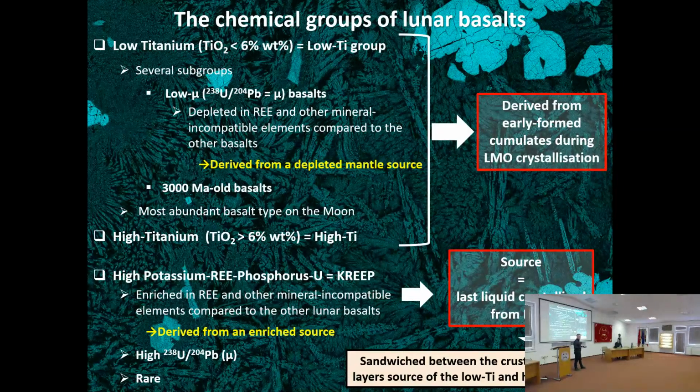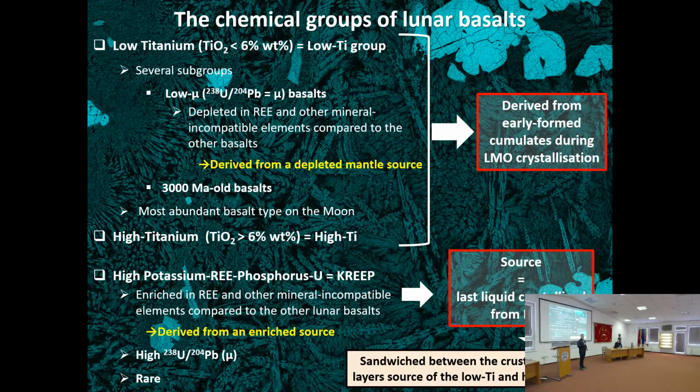And we believe that they are derived from an enriched source. One interesting aspect about these basalts, we believe they are derived from a mantle source having a high mu ratio. The point is, the KREEP basalts are rare.